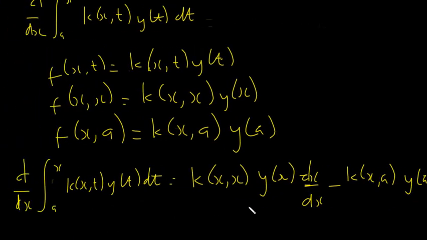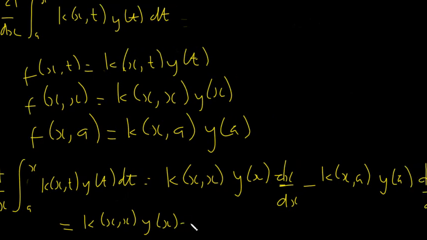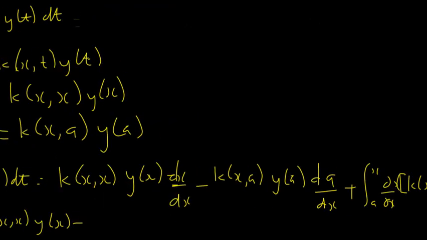We are going to have this being equal to k of x y of x. The dx over dx gives you 1, so you actually have the same thing, minus, let's look at this value over here. The derivative of a constant gives you 0, so this whole part goes to 0.